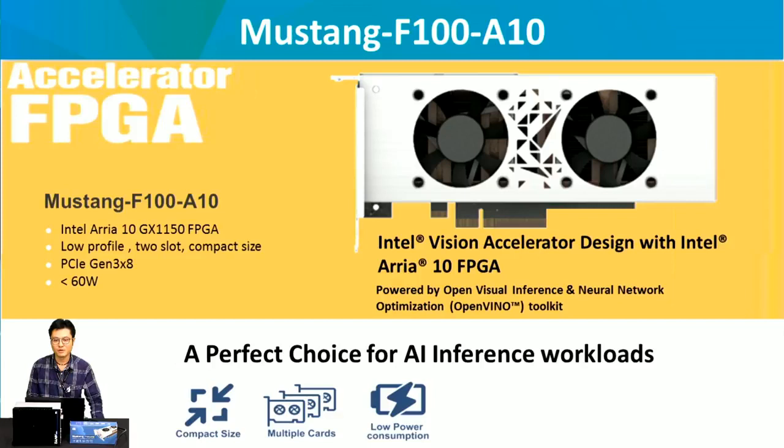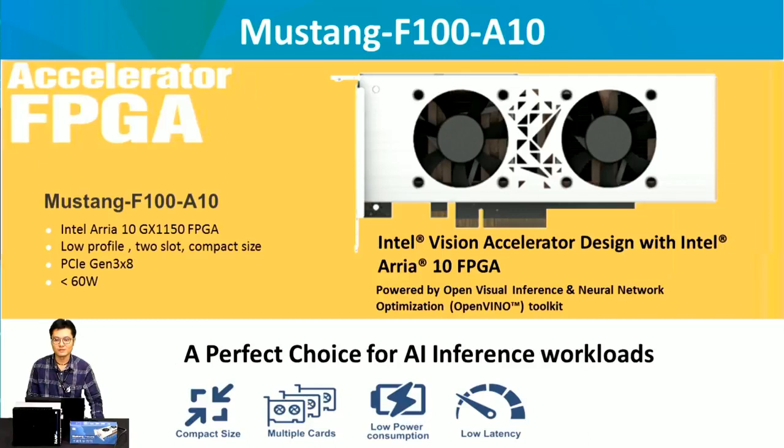The extremely low power consumption is very suited for edge deep learning devices compared to existing solutions. Let's say the conventional GPU power consumption is near 100 or even 200 watts.